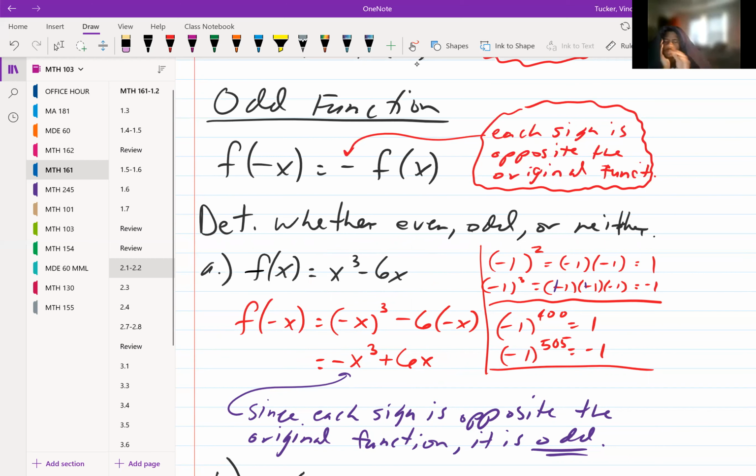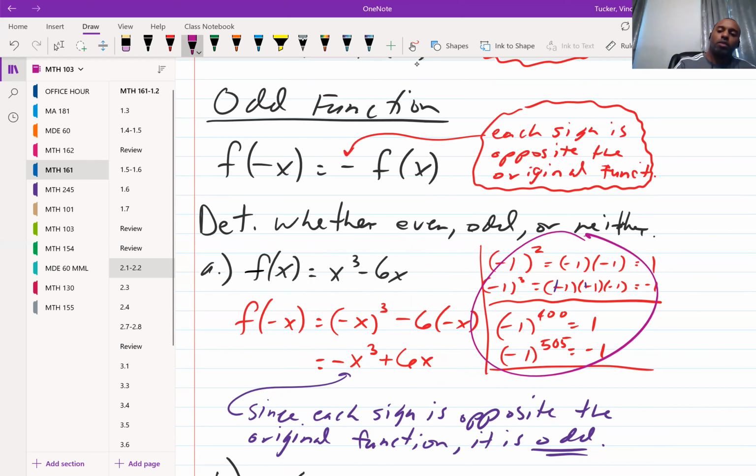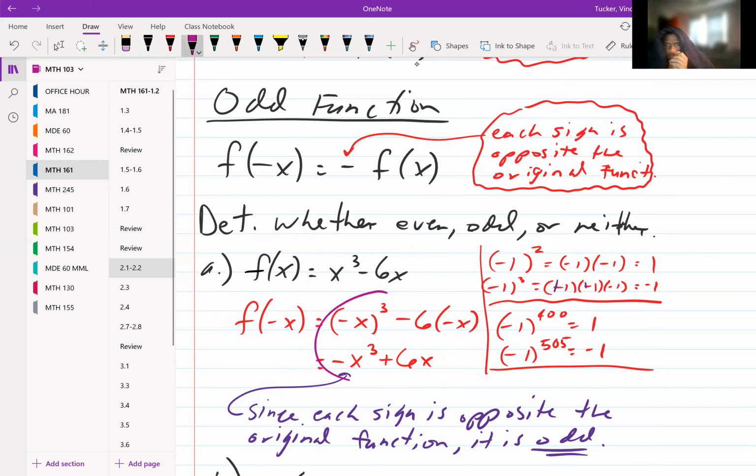I have a question. Mm-hmm. Might be me just missing something, but when you flip the signs on that red example, the one the blue arrow points to, why don't you flip the sign on the first x, but rather take away the parentheses? Let me make sure I understand.